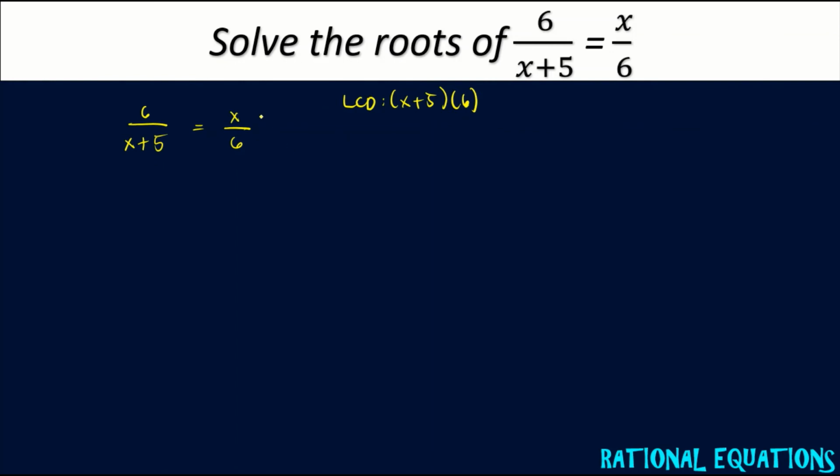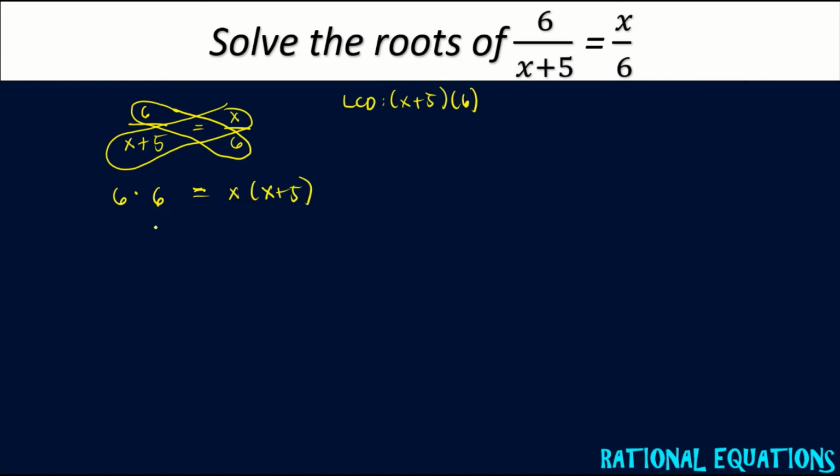We can multiply both sides of the equation by the LCD, or since we have two rational expressions that are equal, we can use what we call cross multiplication. So we will have 6 times 6, and then it is equal to x times the quantity of x plus 5.